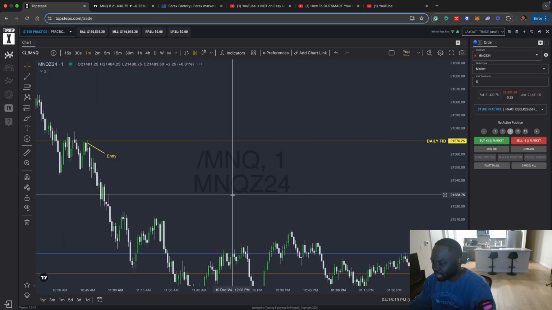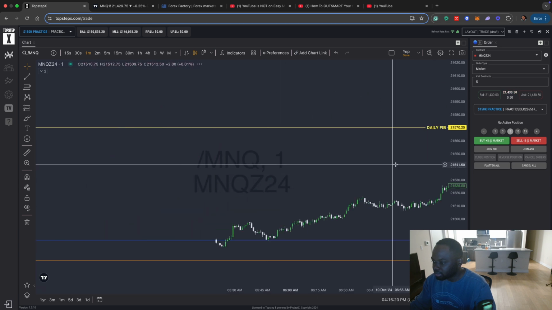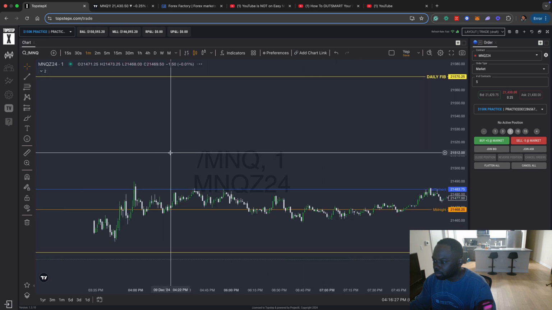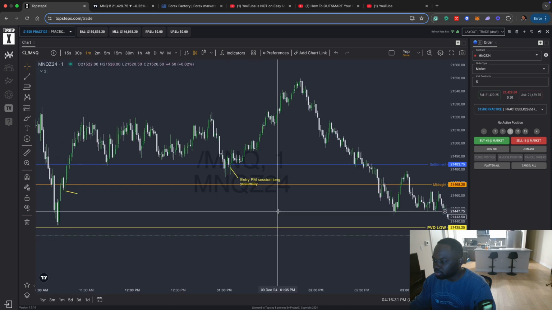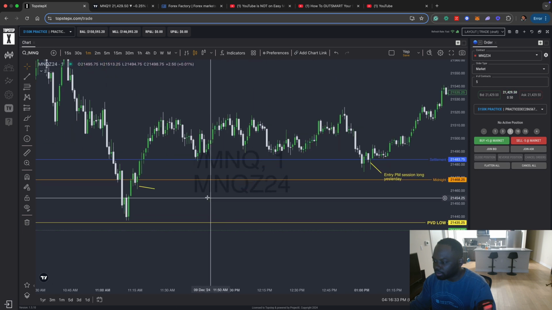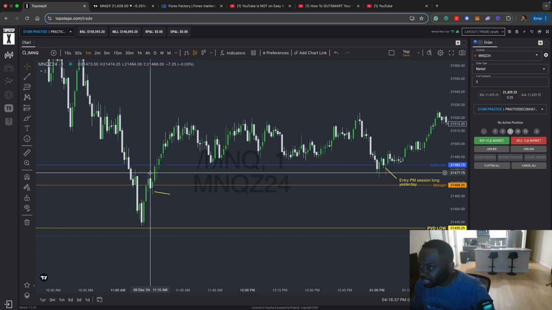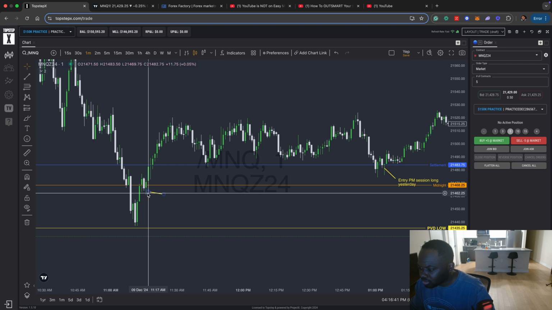Let's go back to this trade. I took a couple examples for you guys. It's a 1 minute chart. All right, let's do this long before. So, boom. Came above midnight, broke structure, came back down right here. That's where I want to enter.